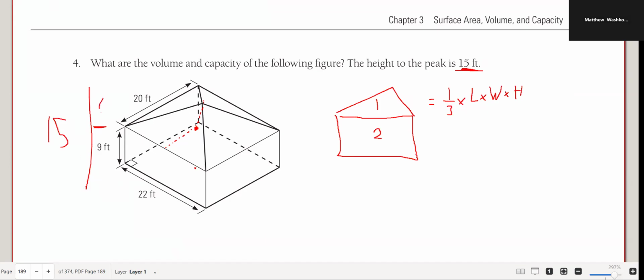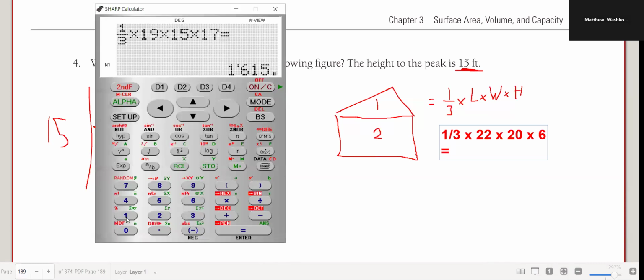It's 15 minus 9, so this part is 6. My height in this case is going to be 6. So it's 1 over 3 times length, which is 22, times width, which is 20, times height, which is 6. Multiply those together.